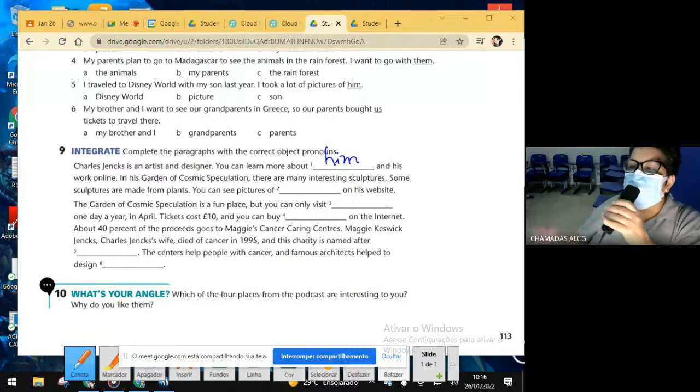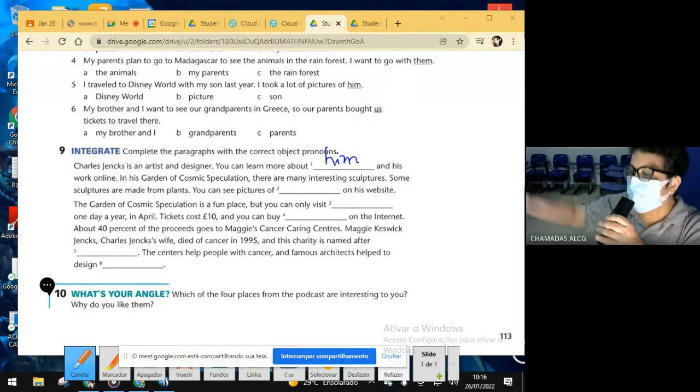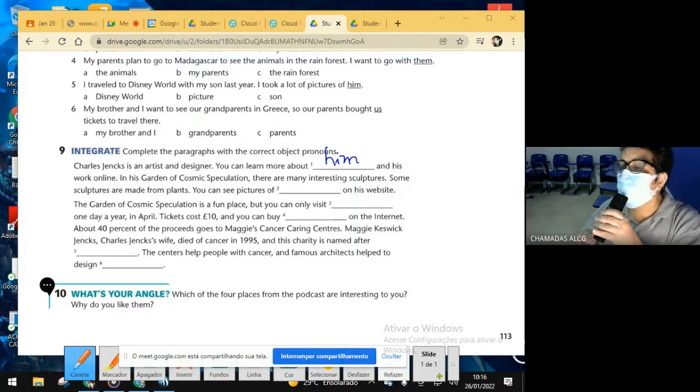So Charles Jenks is an artist and designer. You can learn more about him and his work online. In his Garden of Cosmic Speculation, there are many interesting sculptures. Some sculptures are made from plants.